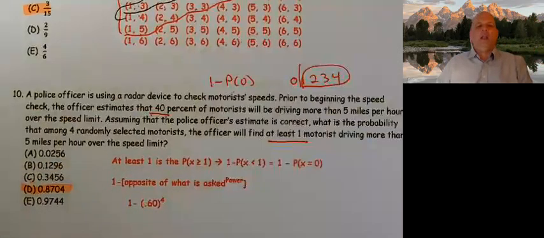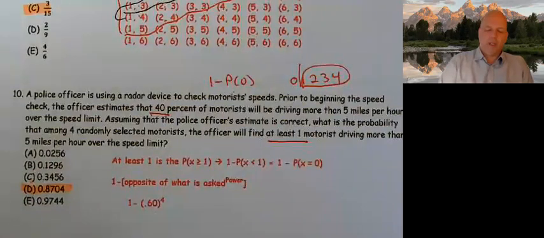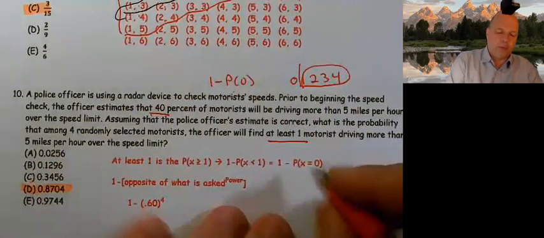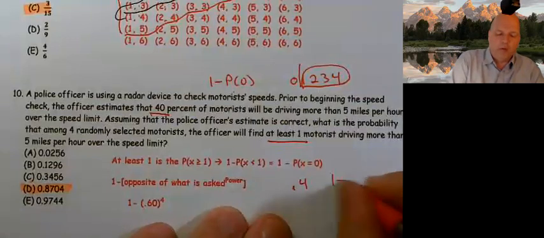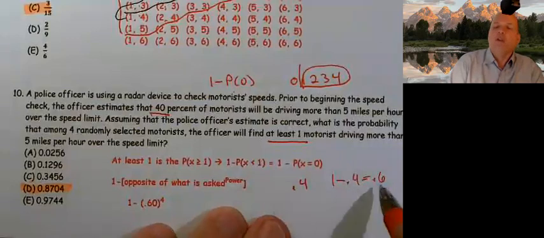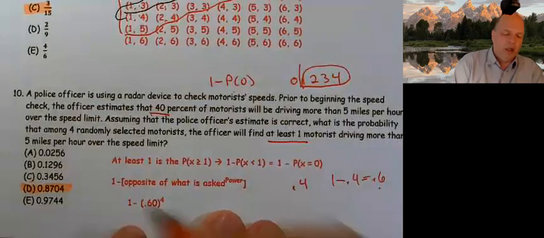Okay, and again, at least 1. So as soon as I say at least, I know it's a 1 minus, and I always do the opposite of what they asked for. They asked for speeders. So the probability of speeding was 0.4. So 1 minus 0.4 gave me the 0.6, which was the opposite of what they asked for. So 60% are not speeding. So 1 minus having no speeders.